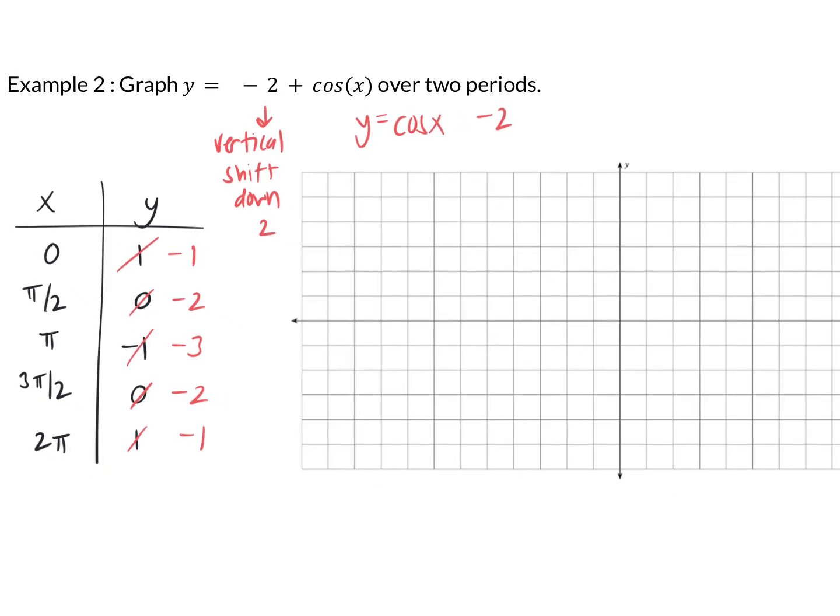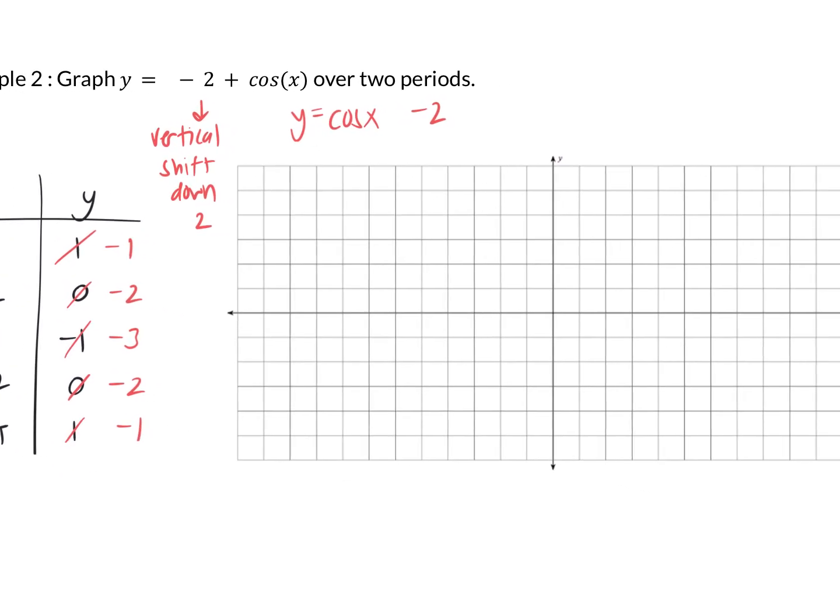Okay, so on the x-axis, I'm not going to mess it up this time. I'm starting at 0, and this would be pi over 2, and this would be pi, 3 pi over 2, and that one is 2 pi. And then I'll just label this as, let's see, I could go by 2. So this will be -1. This will be -2.